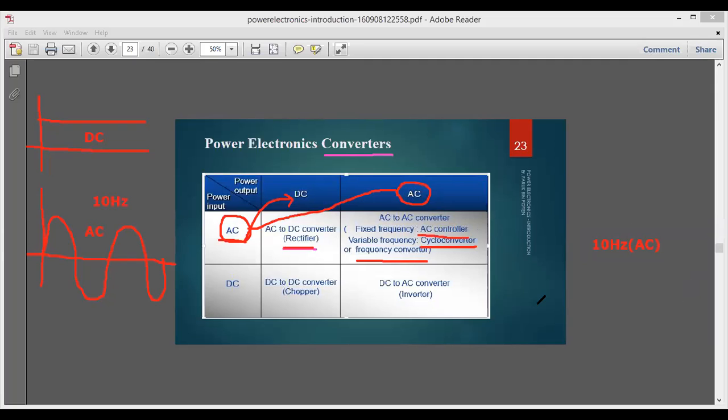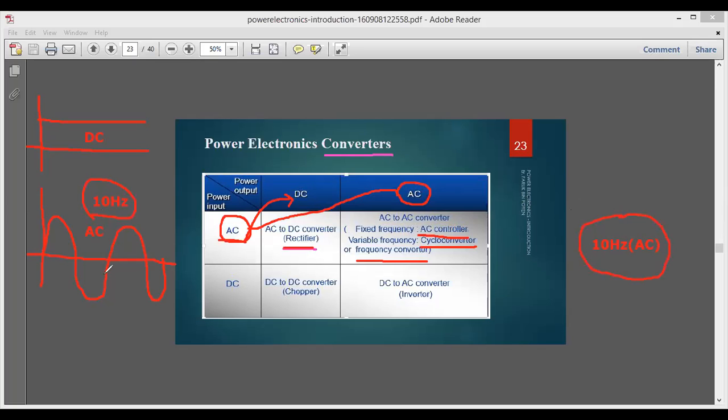It is not the converter, it is the controller. You are trying to control the signal such that both the frequencies match, or are equal to each other.